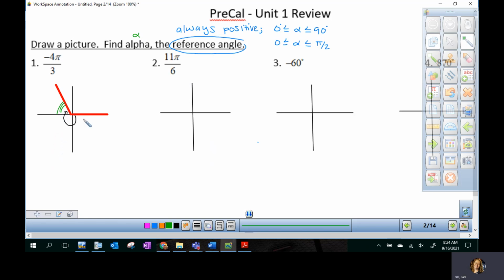Again, I just counted around in thirds. Remember, I went here. This was negative 1 pi third, negative 2 pi thirds, and then this was negative 3 pi thirds, right? And then here was 4. So what's the difference from 3 pi thirds to 4 pi thirds? What is the size of that angle?